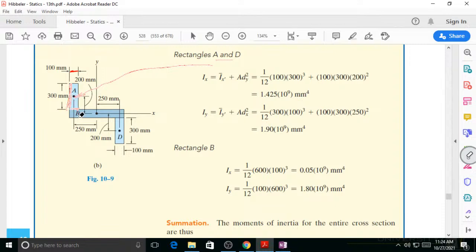So what he did, if you notice, he took this at its own centroid. Let's just say A. I mean, A and D are the same. So we're going to just say we're focusing on A. So 1/12 the base, like we talked about before, and the height.